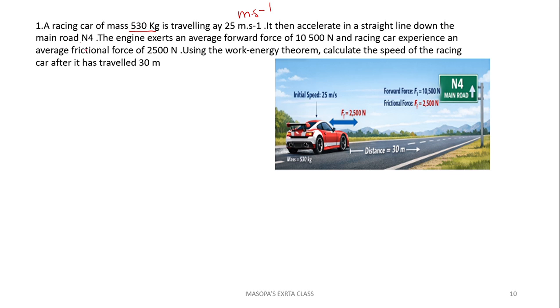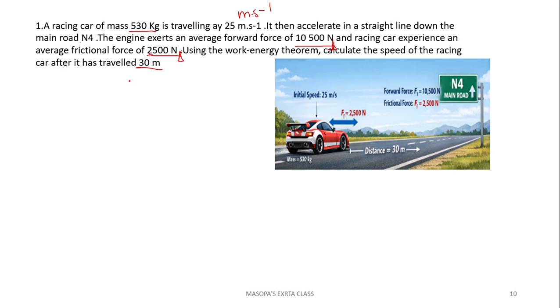The engine exerts an average forward force of 10,500 newtons, and the racing car experiences an average frictional force of 2,500 newtons. Now use the work-energy theorem to calculate the speed after it has traveled a distance of 30 meters.